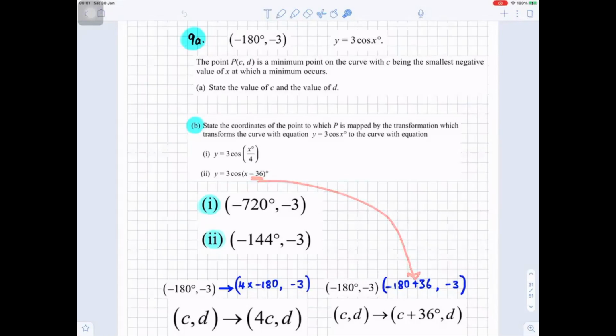Minus 36 means add 36. The way I remember it is by saying people who live together don't get on. And that would change the x value by 36. So what you would get would be minus 180 plus 36, which will give you minus 144 degrees.